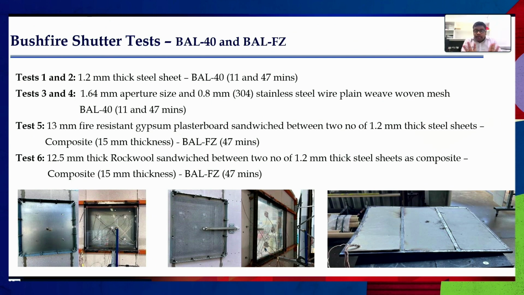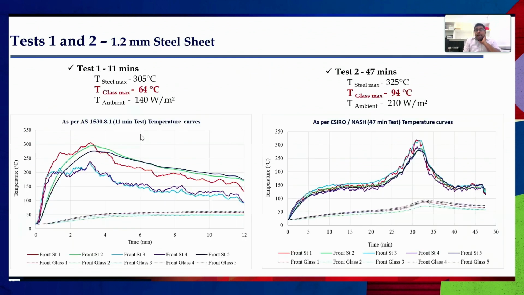So that's the configurations. In all of these cases, we have the steel sheet and then the steel mesh in test 3 and 4 to expose to the BAL 40 and then BAL flame zone conditions. Right. Now, a quick summary. Test 1 and 2 is a 1.2 millimeter steel sheet.